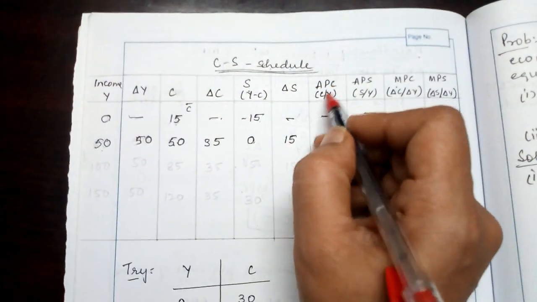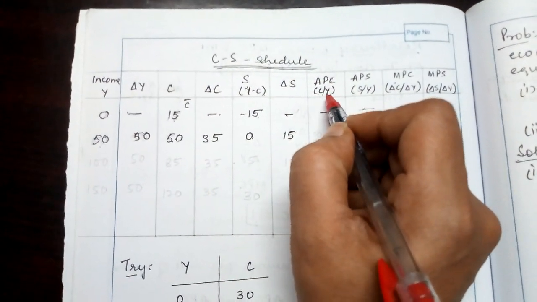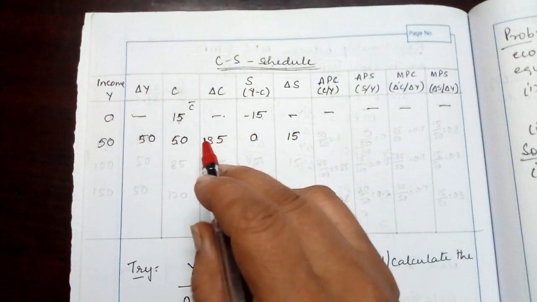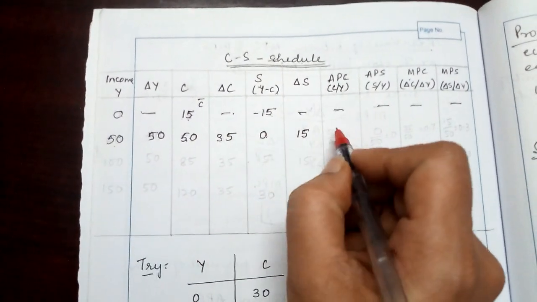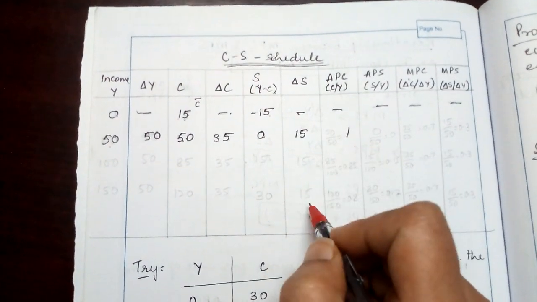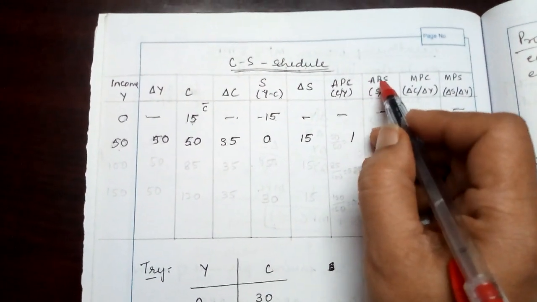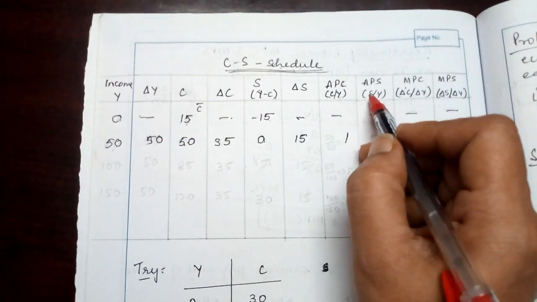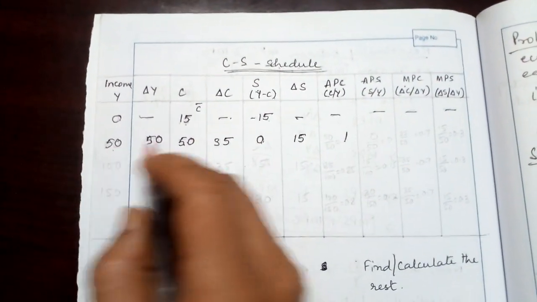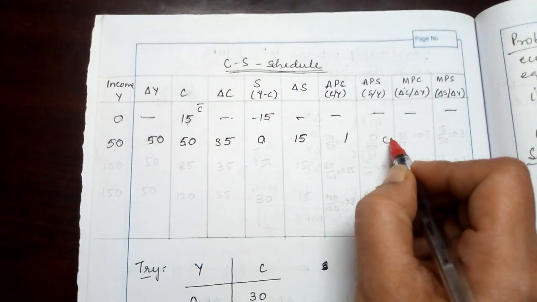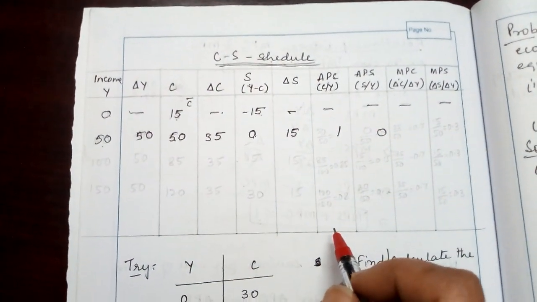What is APC we learnt? Consumption by income. Consumption is 50 divided by income is 50. So this will be equal to 1. What is average propensity to save? Saving by income. What is saving? 0. Income is 50. So 0 by 50 is nothing but 0.